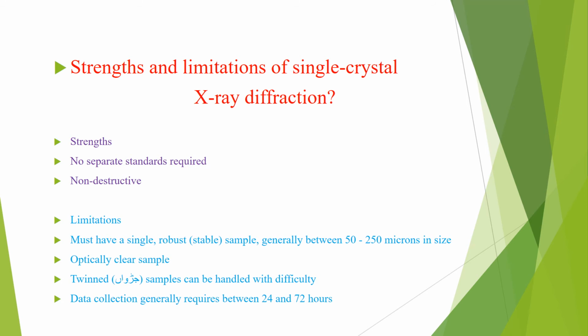So it takes time to collect the data and then to solve the data to determine the structure of a single crystal, and the time required for that data collection and the solution of that data is 24 to 72 hours.